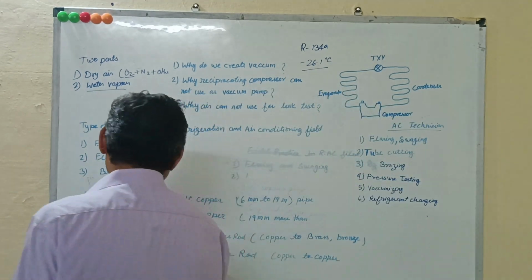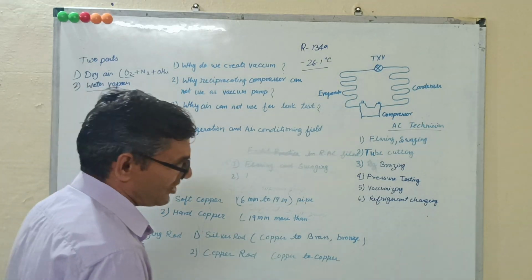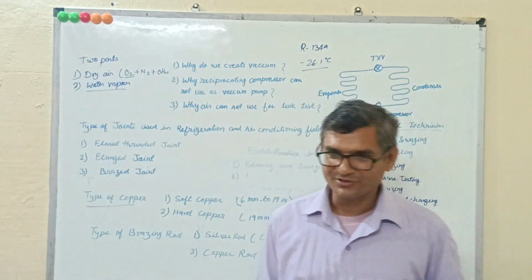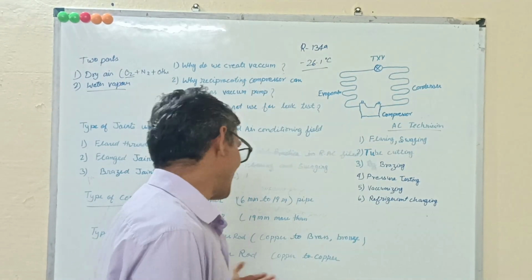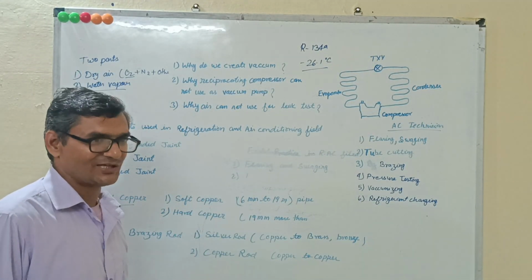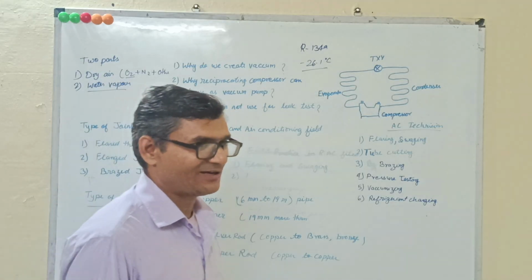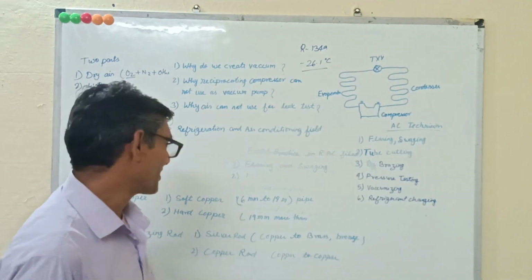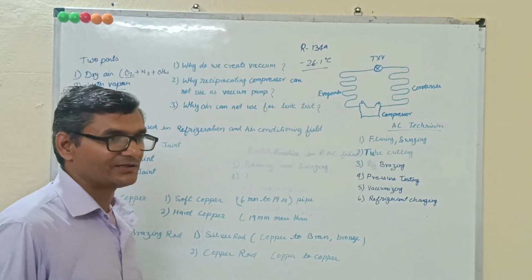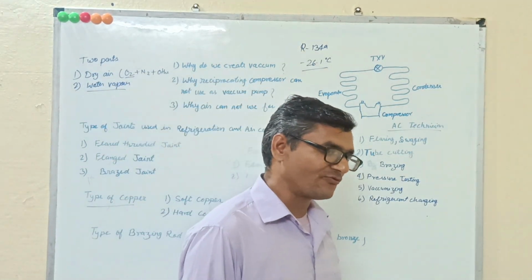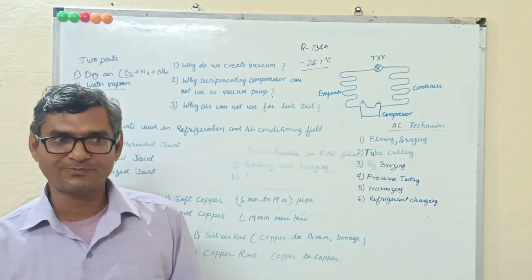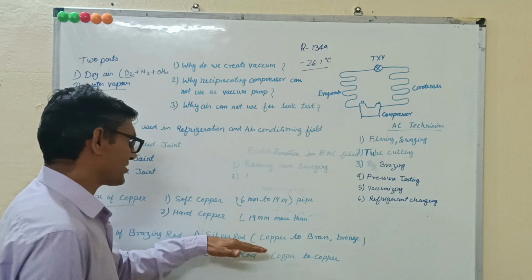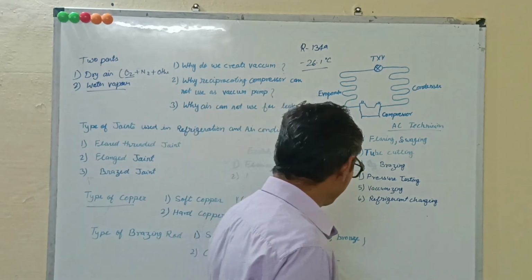Now we are coming to types of brazing rods. Sometimes in the field we don't know which rod we are using, but complaints come that this is not proper welding, these are not proper rods. Then we have to select the proper rod for the particular joint, so that perfect brazing will come. So we use silver rod for copper to brass or bronze.